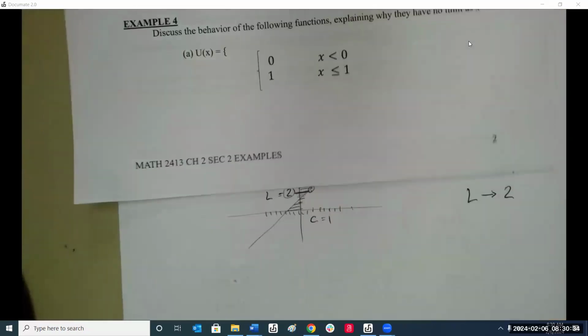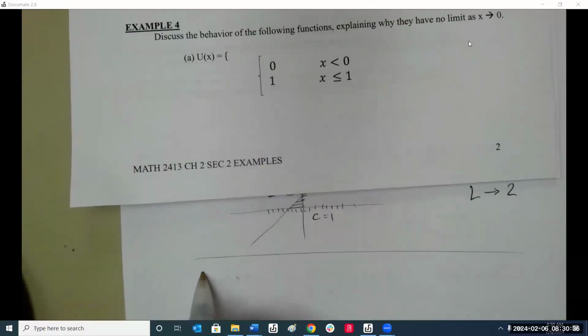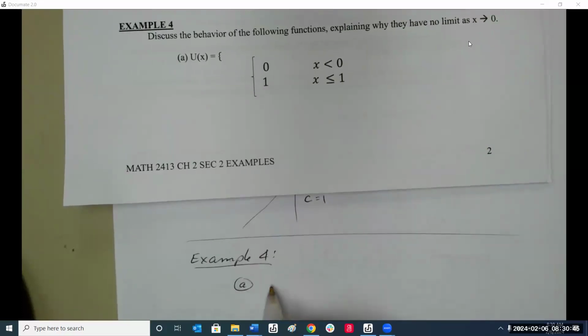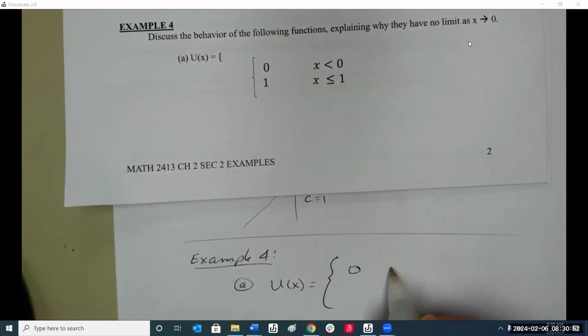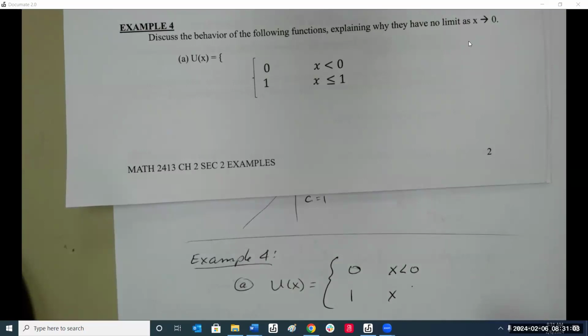Let's graph that one. So it says the function u of x is equal to 0 when x is less than 0 and 1 when x is greater than.